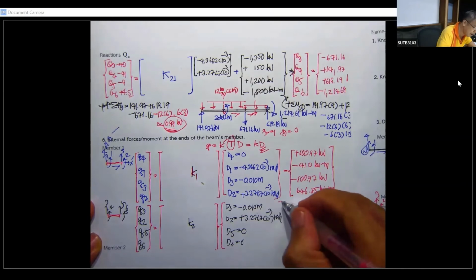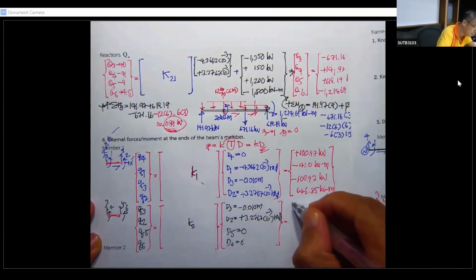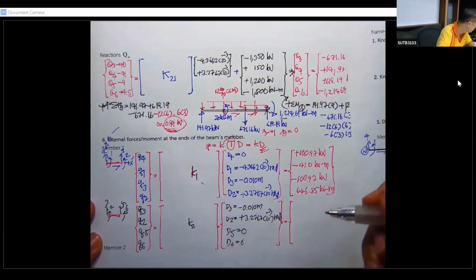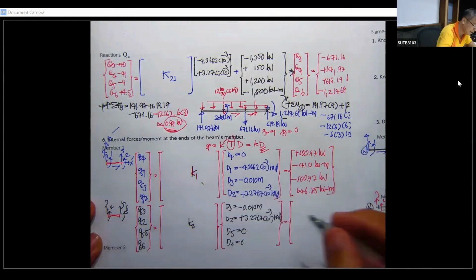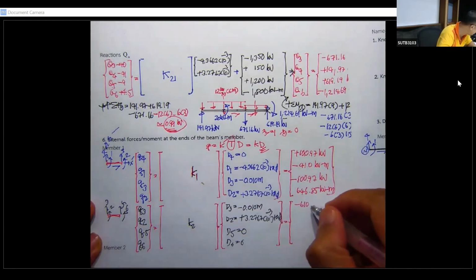Then you do the calculator computation, and you will get the answer like this: minus 610.19 kilonewton.